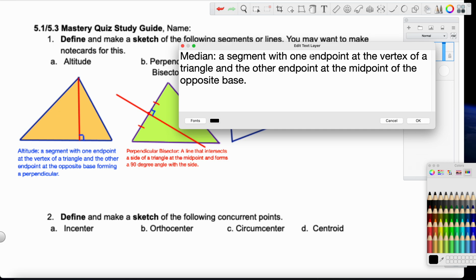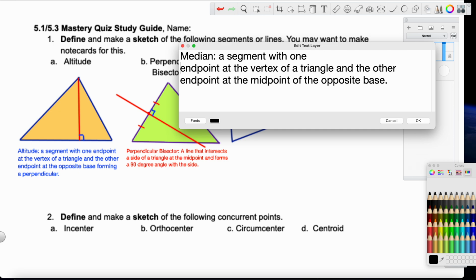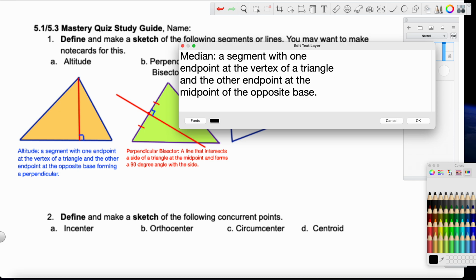One endpoint at the vertex of a triangle and the other endpoint at the midpoint of the opposite base. There we go.